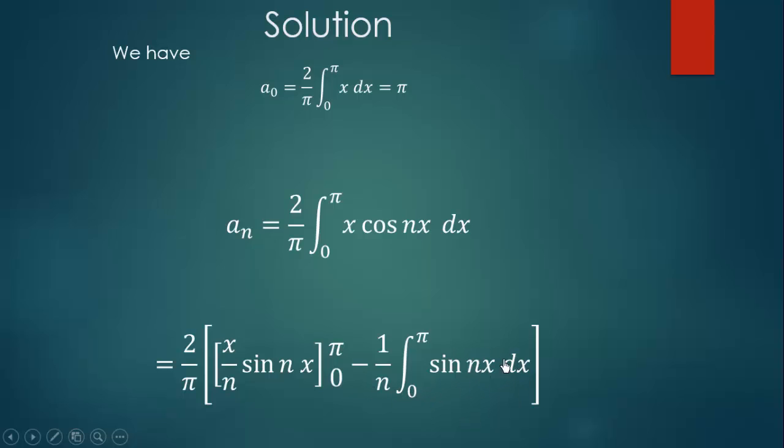Now if we integrate this, we get 1 over n cos nx. Then we evaluate from 0 to pi. Hence we are going to get 1 over n squared over here. So we are left with this expression.